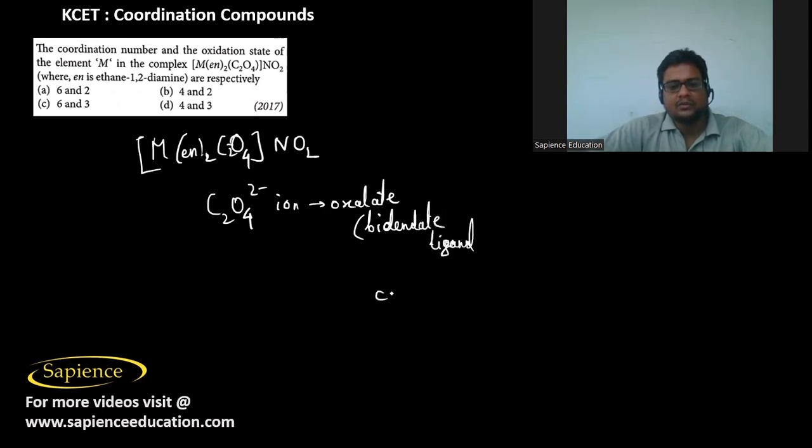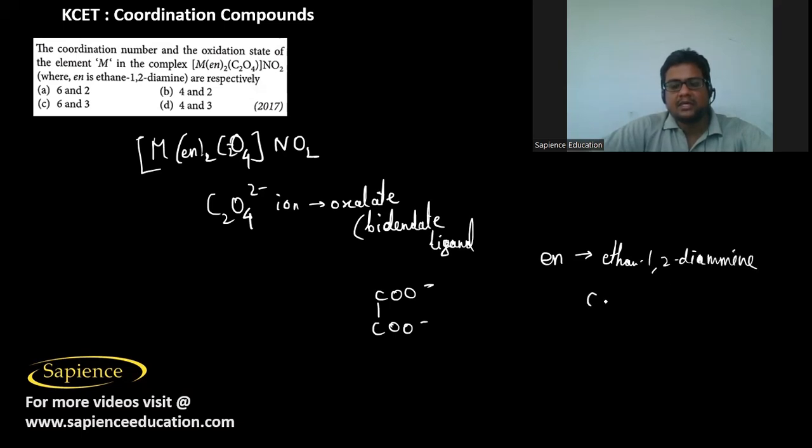And En2, En is ethane 1,2 diamine. So it is also a bidentate ligand, since here two amine groups are attached to two adjacent carbons.